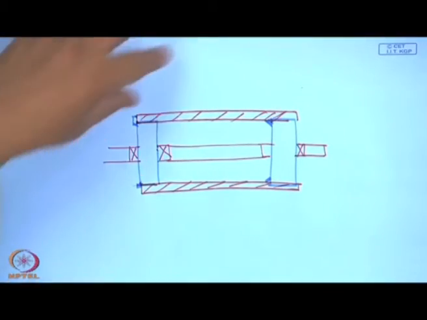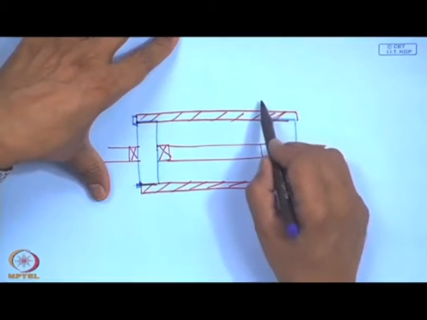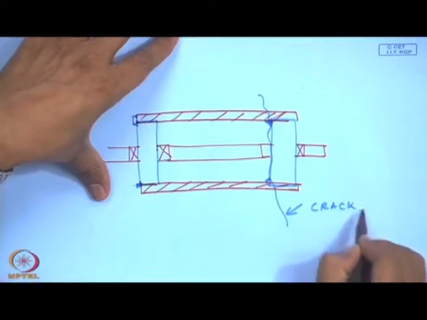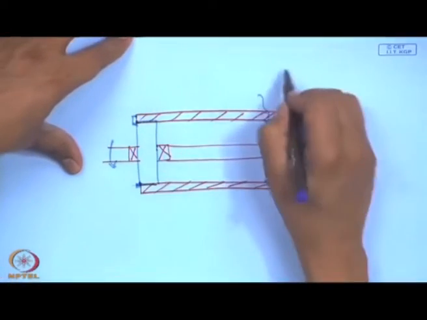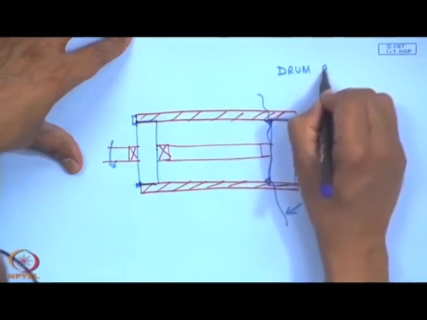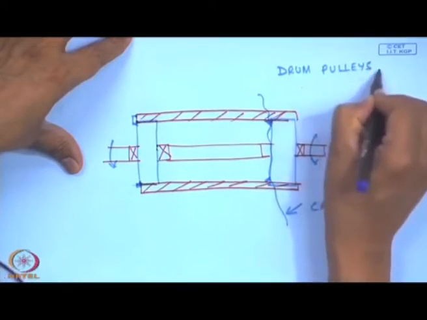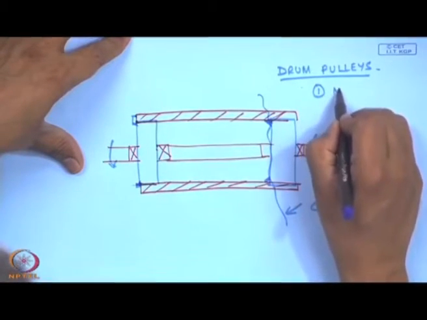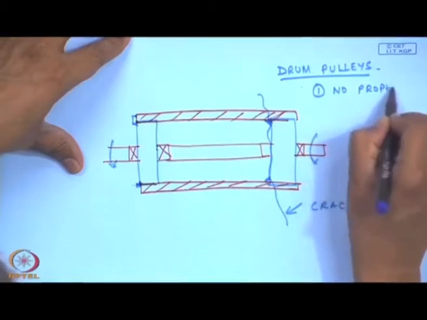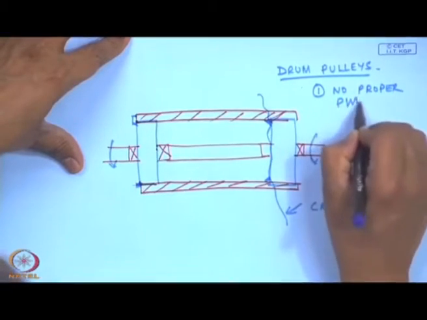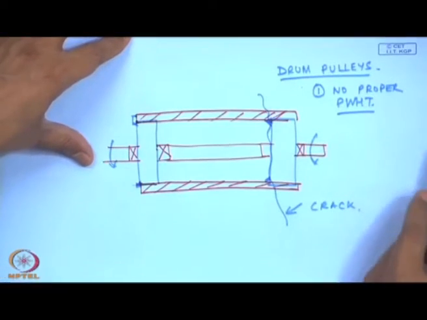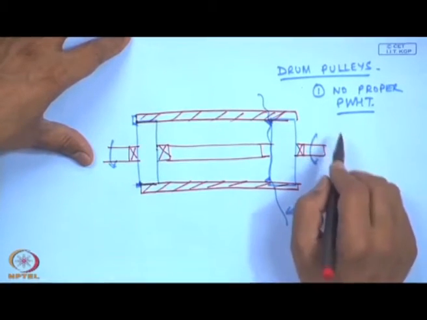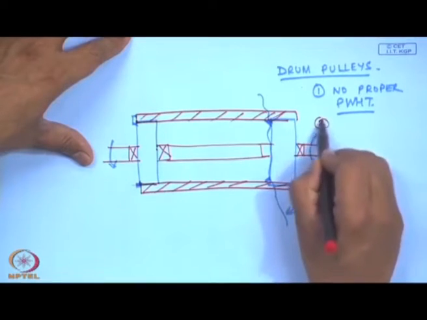There have been cases where we have seen that these materials fail. Cracks occur in such pulleys, known as drum pulleys. There are a couple of reasons: no proper post weld heat treatment was done, so this kind of failure is not because of the operating conditions.